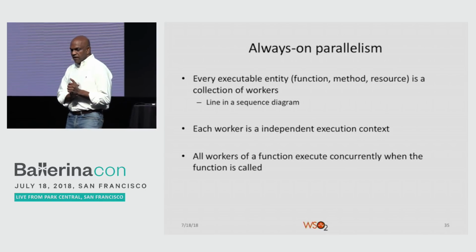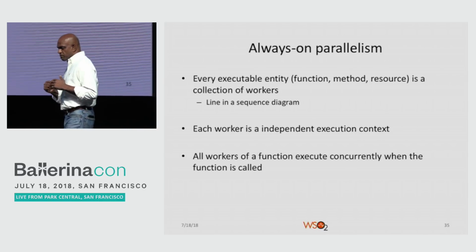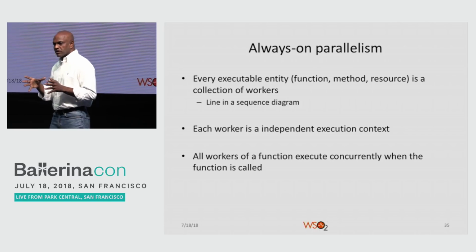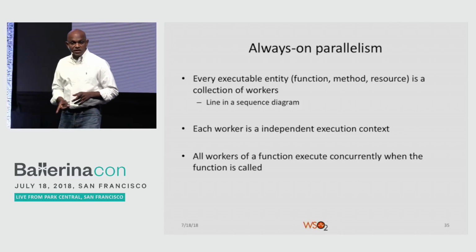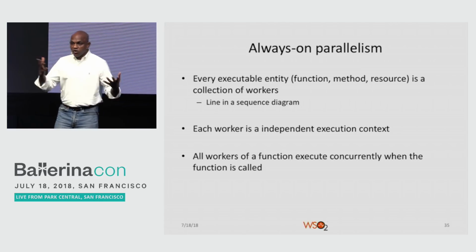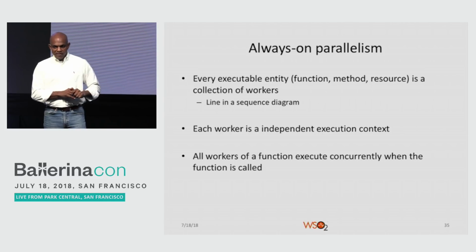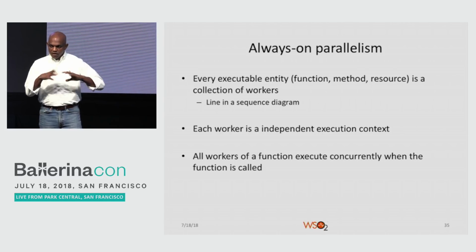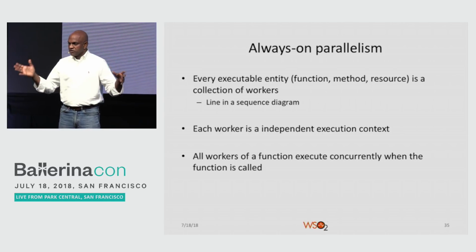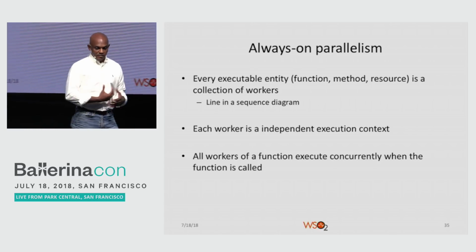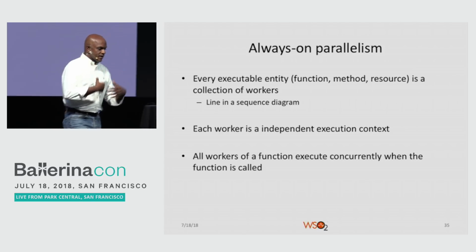Let me talk briefly about parallelism. So pretty much every programming language has the semantic that when you start the program, main or something equivalent to main starts, and one thing starts running. Right? That's how we all learned how to program in pretty much every programming language. That's not the way in Ballerina. In Ballerina, a function, an executable thing, a function, method, resource, can have any number of parallel execution contexts, and they all start running. And they just run independently and concurrently.